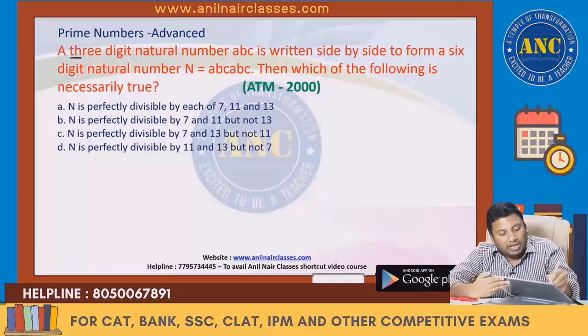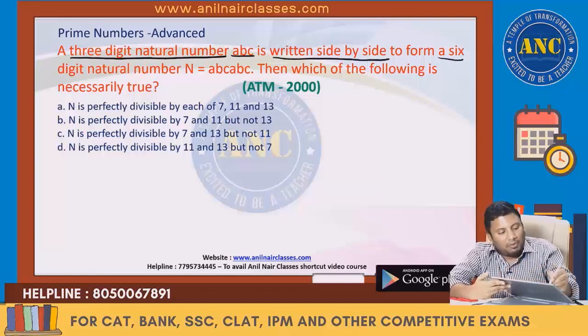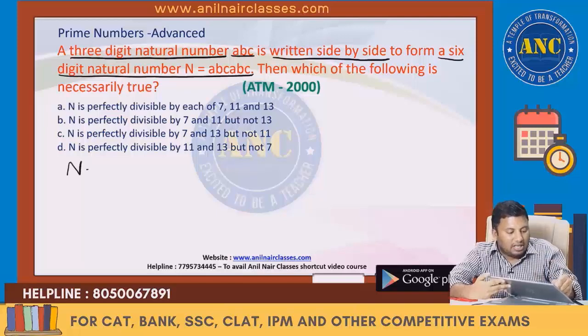A 3-digit natural number ABC is written side by side to form a 6-digit natural number, ABC ABC.